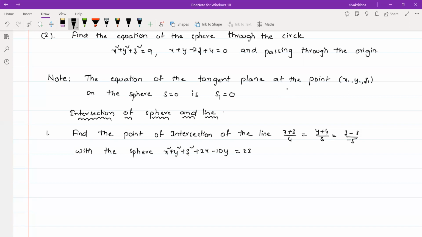So we have to find the point of intersection of the line and the sphere. Whenever a sphere and a line intersect each other, there is definitely a point of intersection, and we have to find that particular point.